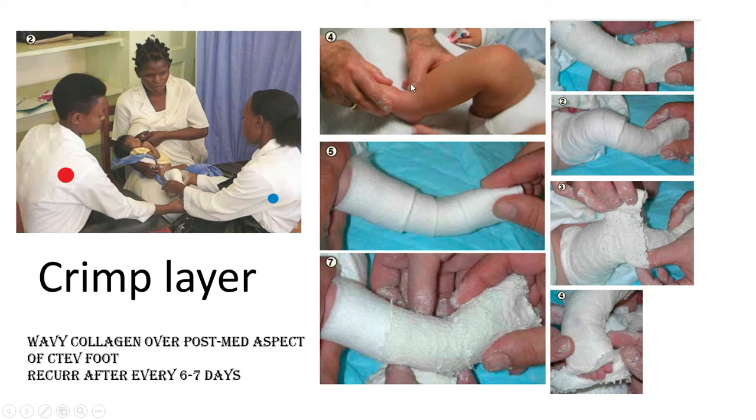So just blanching is sufficient for this stretching, and put the plaster below knee, then do the above knee. In the first plaster do only the first metatarsal drop, then onwards you go for abduction.